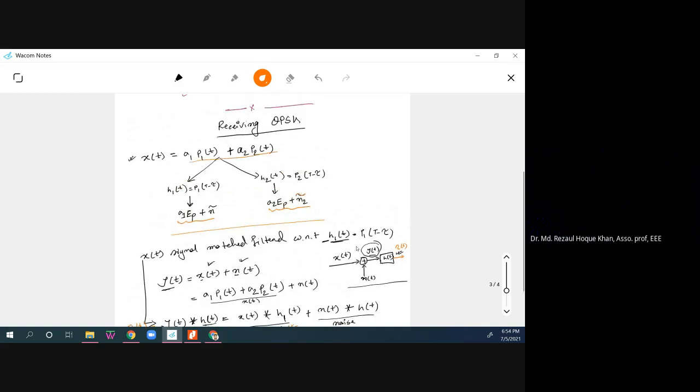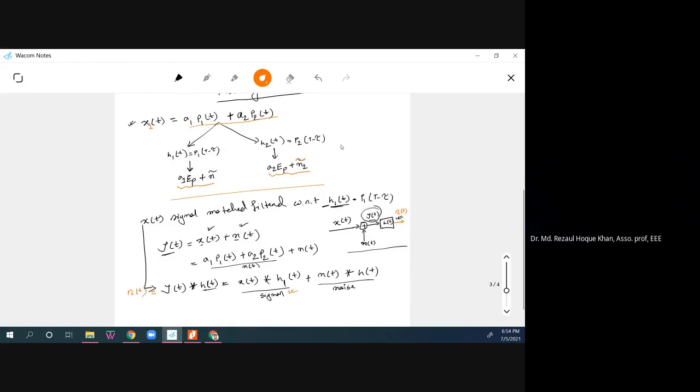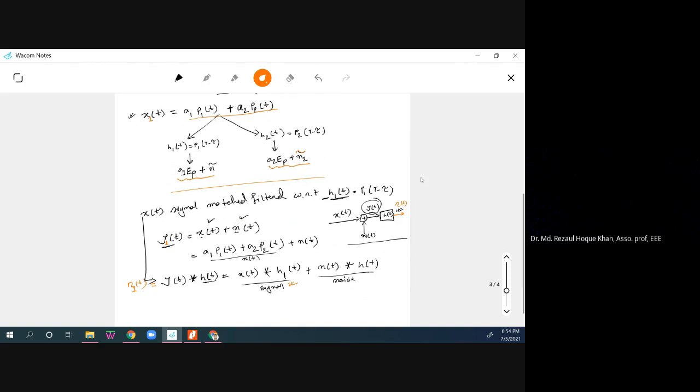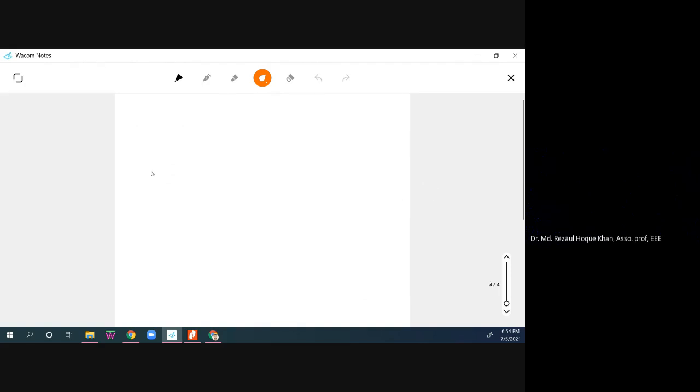So we can give a notation x1: x1 means the first waveform, x2 means the second waveform, like this. So let's give y1, then this is r1. Okay, so the signal for the x1 part.